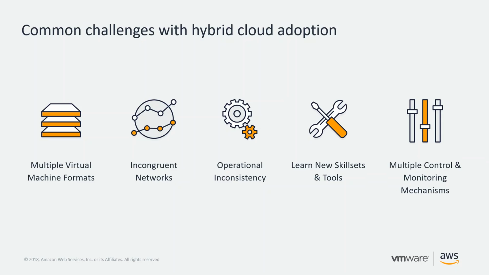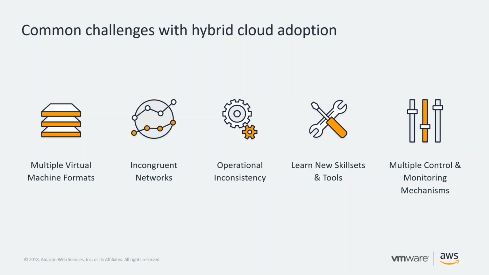With VMware Cloud on AWS, we're looking to eliminate these challenges, meaning you don't have to worry about multiple virtual machine formats. Your VMs stay the same VM format. That does not change. And you're able to even stretch your network from on-premises to VMware Cloud on AWS as needed. As far as operational consistency, your VMs are the same, so nothing really changes as far as operational process around your VMs.